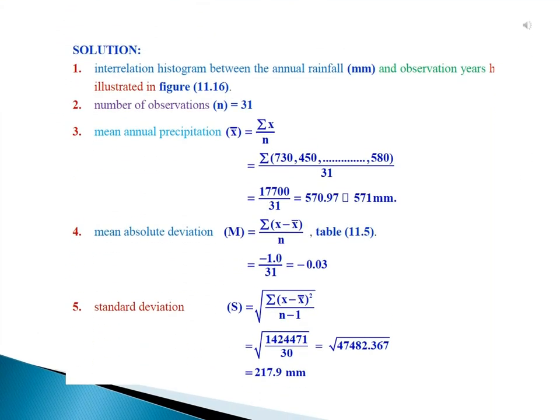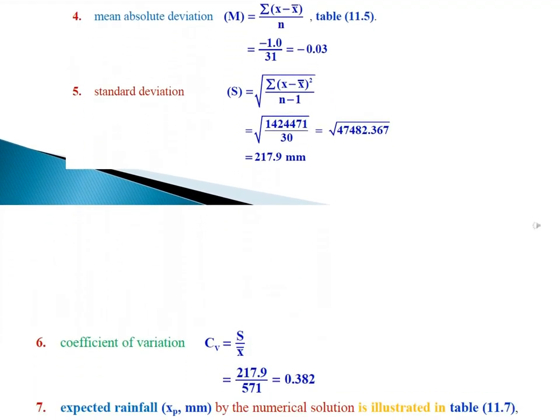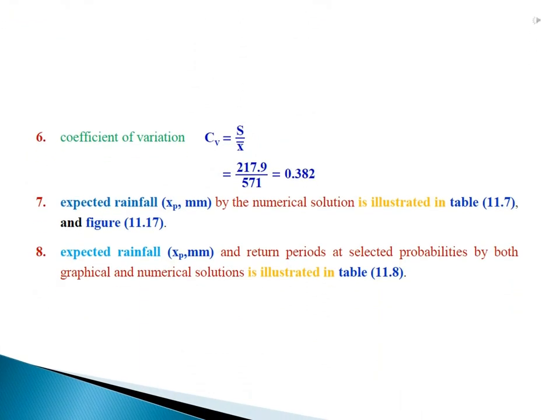Look, my dear, this is very important. Solution of the example. Look, my dear, and follow the solution step by step. It is so easy. My dear, the rest of the solution steps.